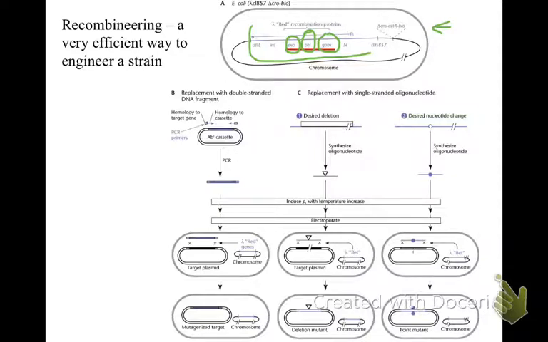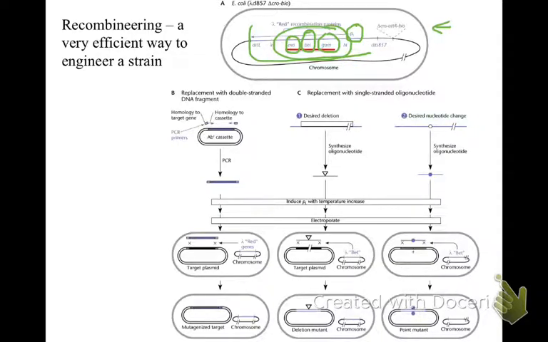The other thing that's important to note is that there's a lambda promoter, and this lambda promoter is heat inducible. So that's going to allow us to turn on expression of these genes at a very particular time. We'll use heat to turn on expression.